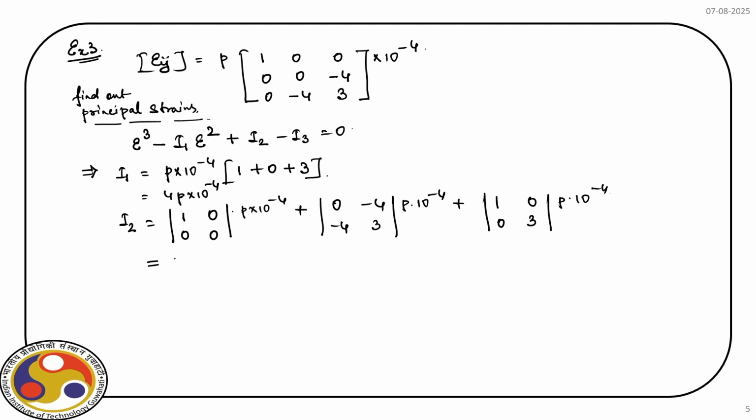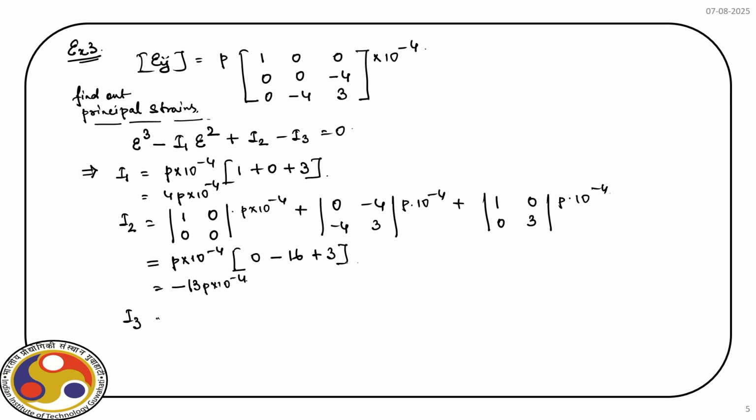So, you can simplify P into 10 to the power minus 4: we have 0 as the first term, plus then again we have minus 16, and then plus 3. So, effectively I2 is minus 13 P into 10 to the power minus 4.